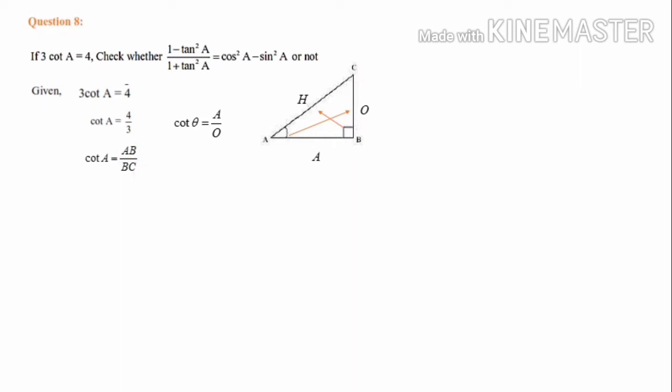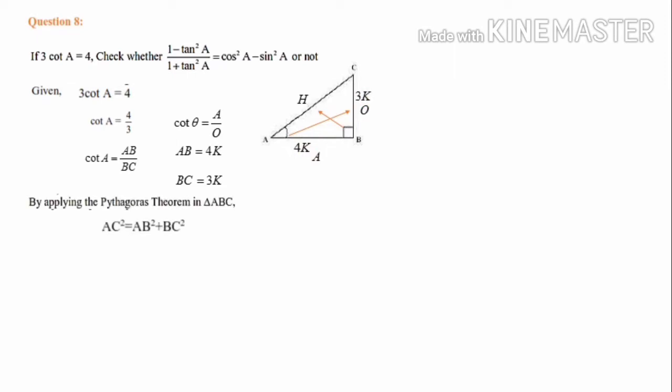Then by comparing this cot A and this cot A, we can write the length of AB and the length of BC. So AB is equal to 4K and BC is equal to 3K. Then let's mark it on the diagram. AB we have marked as 4K and BC we have marked as 3K.